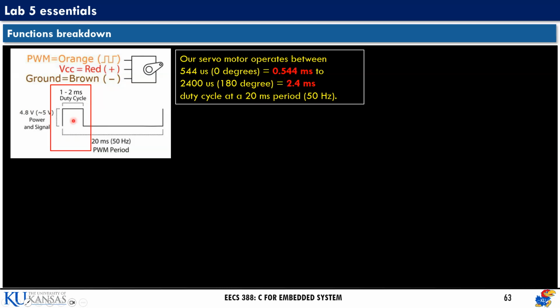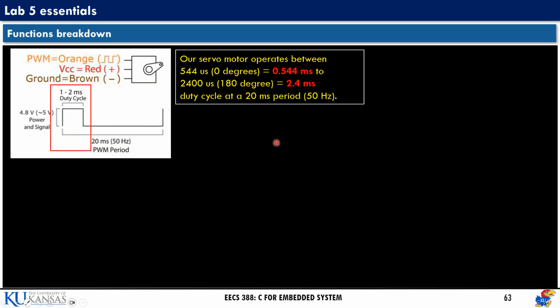If the pulse width is 2.4 millisecond, basically 2.4 divided by 20 millisecond as the duty cycle, our motor will rotate from 0 degree to 180 degree. And the clock period for this servo motor is just 20 millisecond, that is 50 hertz.